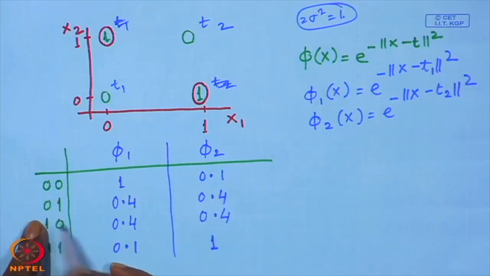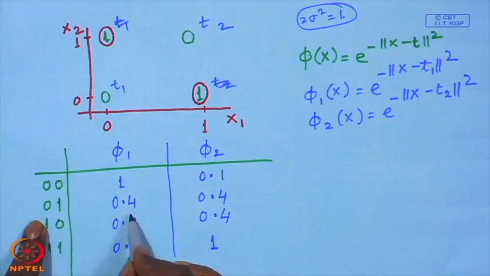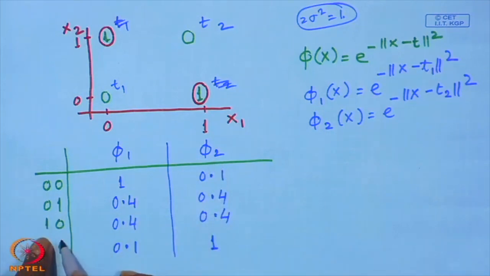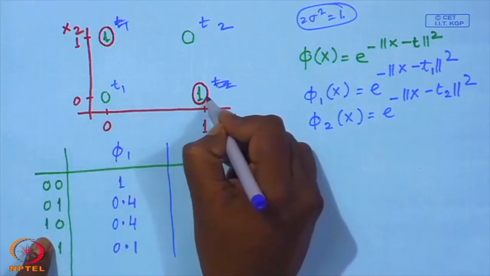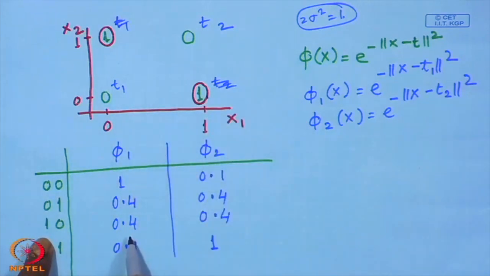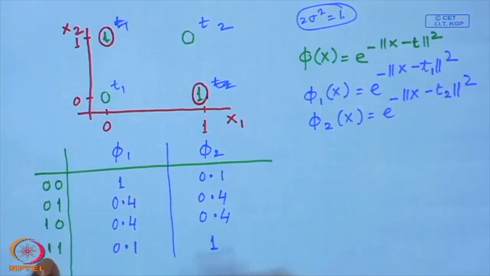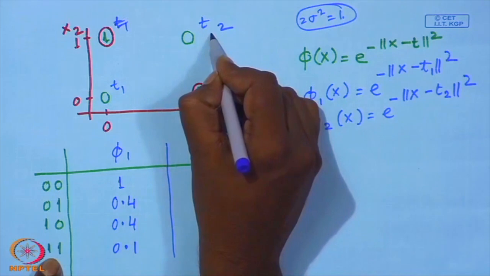For 0 1, phi 1 of x will be 0.4, phi 2 of x will also be 0.4. For 1 0, phi 1 of x will be equal to 0.4, phi 2 of x will also be equal to 0.4 because of these exponential functions. For 1 1, if x is equal to 1 1, this coincides with T 2.